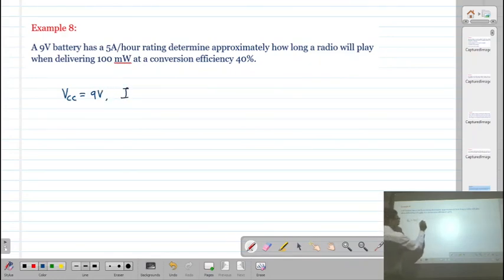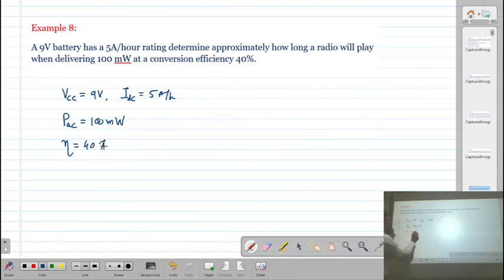The current capacity of your battery is 5 ampere-hours. Then 100 milliwatts is my AC power, and the conversion efficiency is 40%.